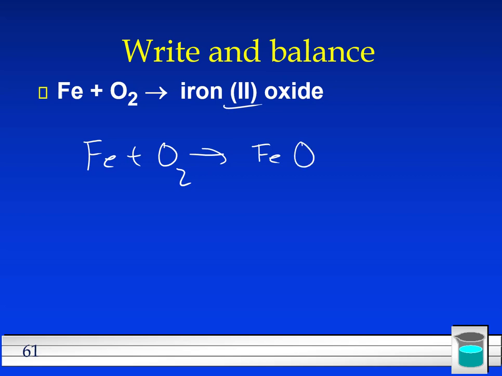So I got to put the Fe in front of the O. The Fe is 2 plus, the O is 2 minus. That adds up to 0, so that's the right formula. Yeah, it's about to be too ugly. Because there's 2 O's, so I got to put a 2 in front of Fe.